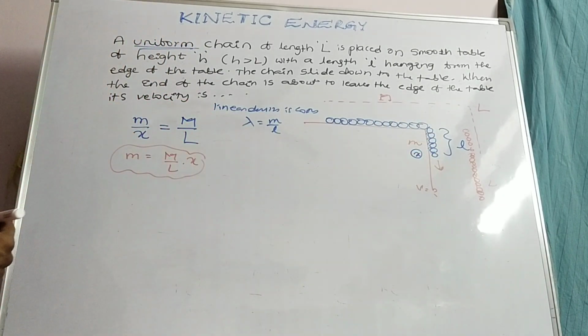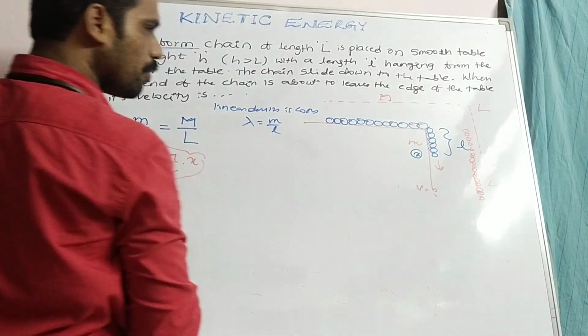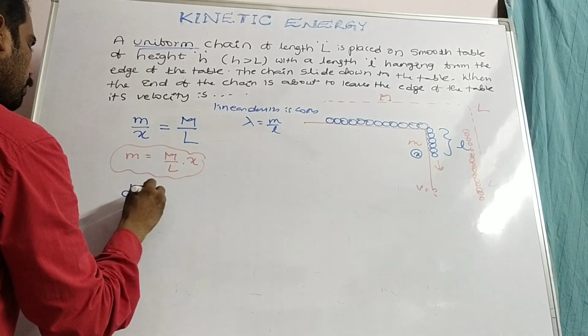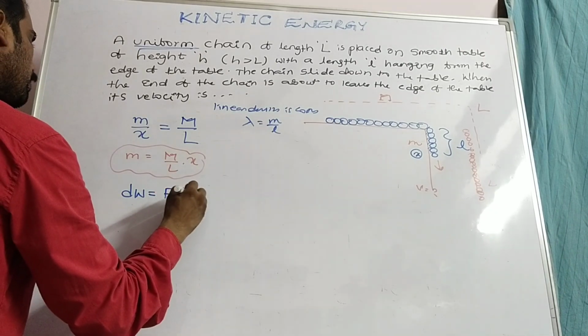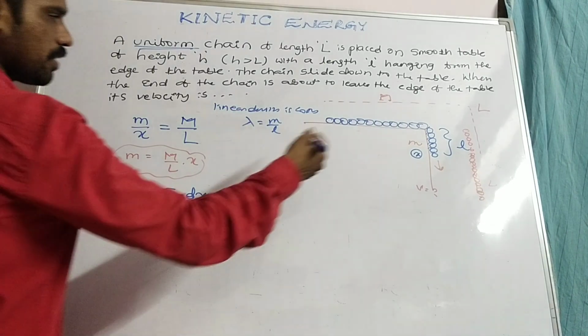Now, while the chain is slowly moving downwards, we have to take a small amount of work, say dW is equal to F into dx. Of course, we know F is equal to ma, where a is nothing but plus g, as it's moving down.